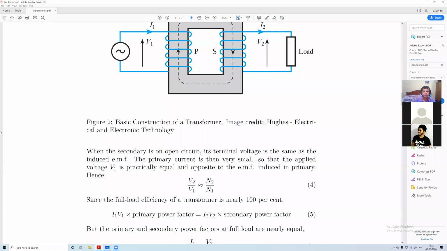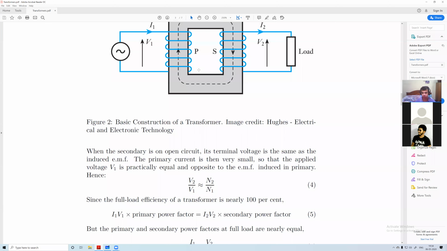The next concept is that V1 is the same as E1, but they are opposite in phase. Why? For no load, V1 is almost the same as E1, but 180 degrees opposite in phase. Why are they not the same?